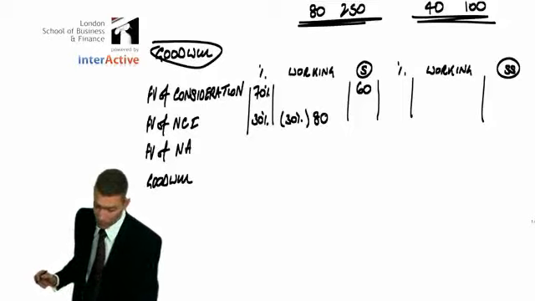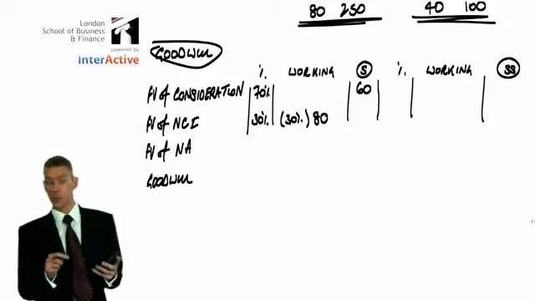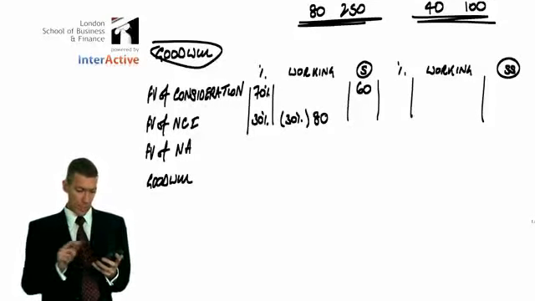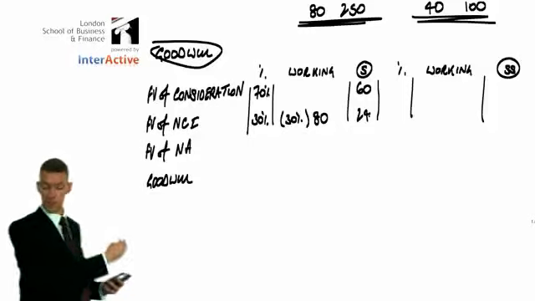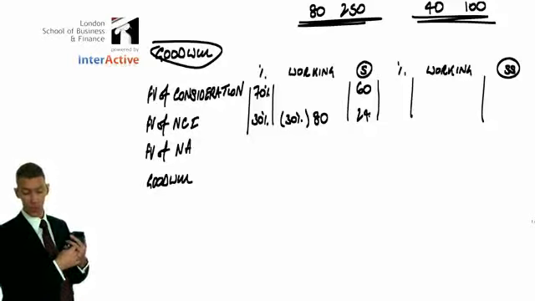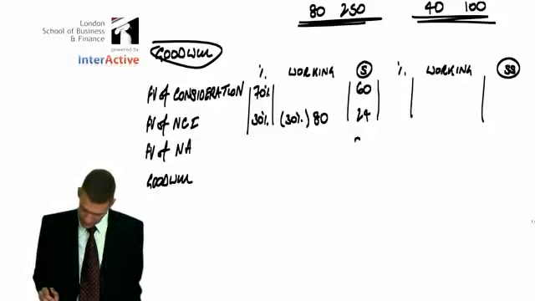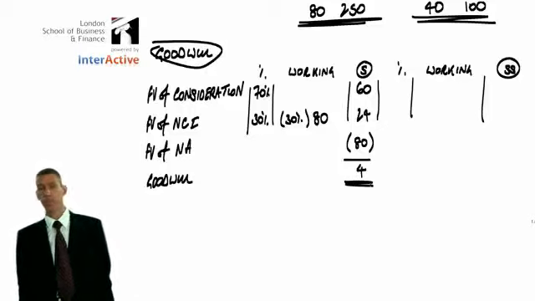So the value of the NCI at acquisition is just its ownership in the net assets, which is 80 times 0.3, which is 24. So their bit of the business is worth 24, our bit of the business is worth 60, and therefore the whole business is worth 84. But the net assets are 80, and therefore the goodwill is the premium of 4. And that's the first goodwill.